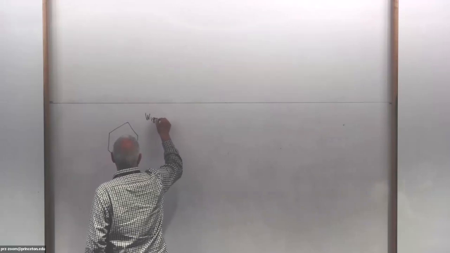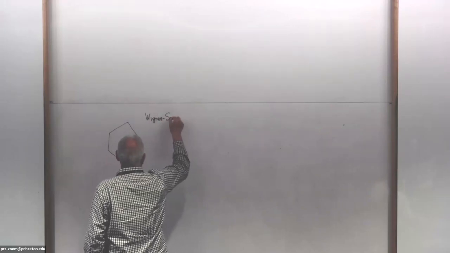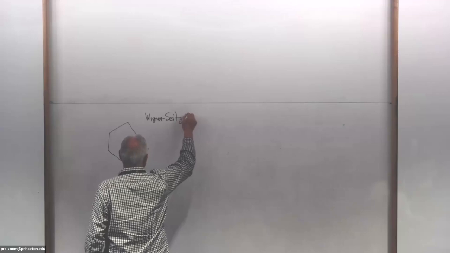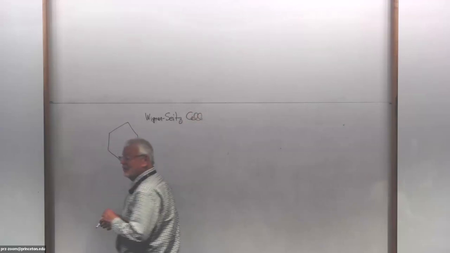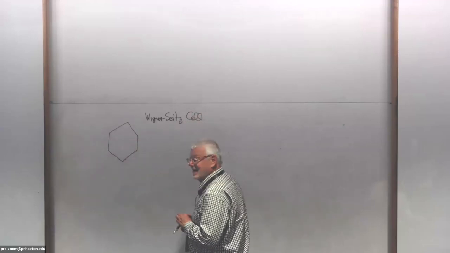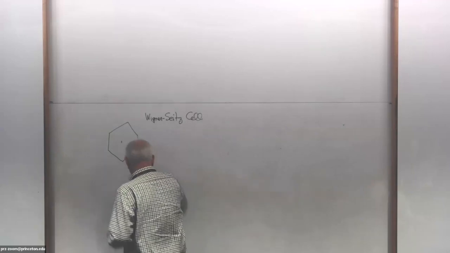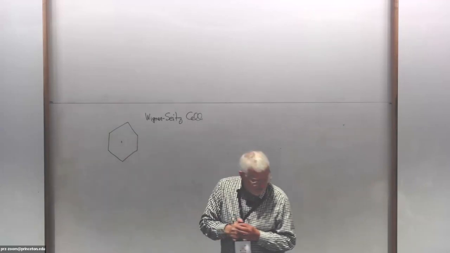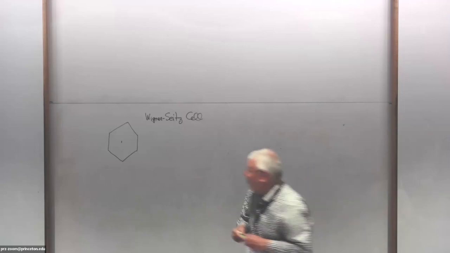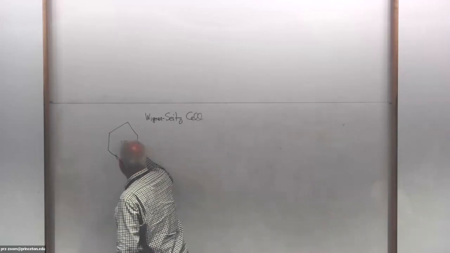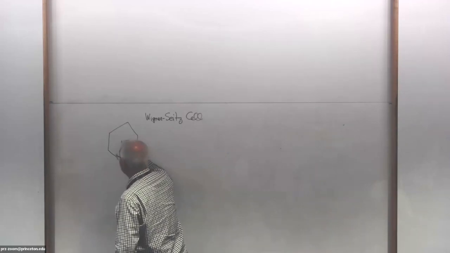I'm drawing a real space picture of one unit cell of the Moire material. And usually we do this, as I was saying, with the origin defined as MN stacking.